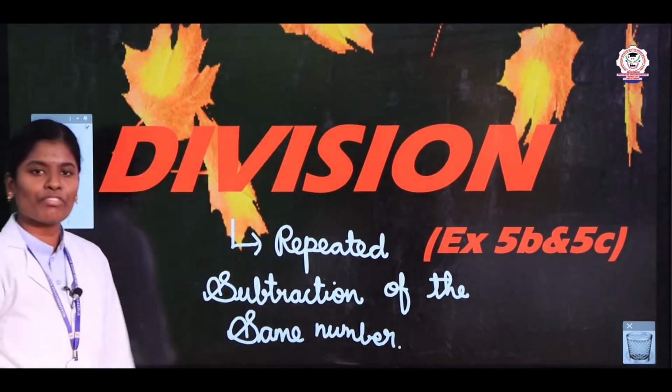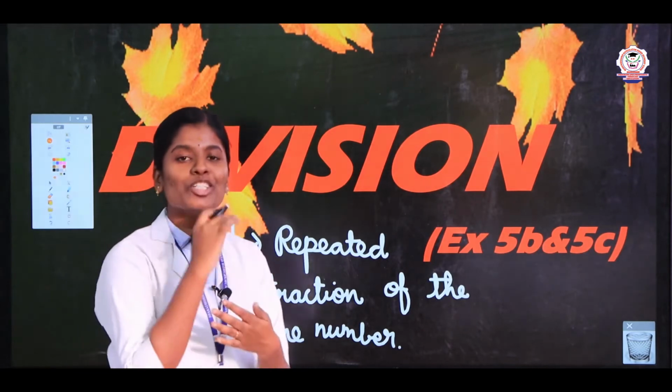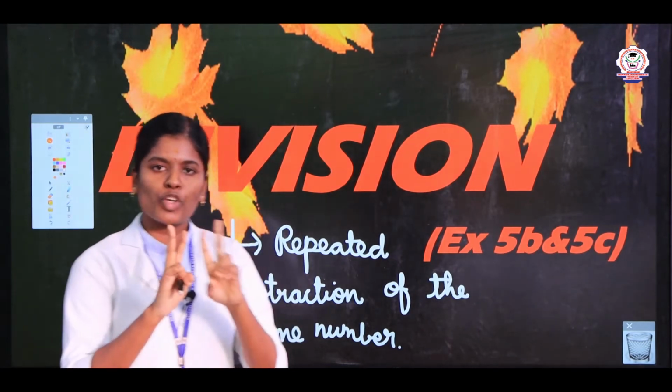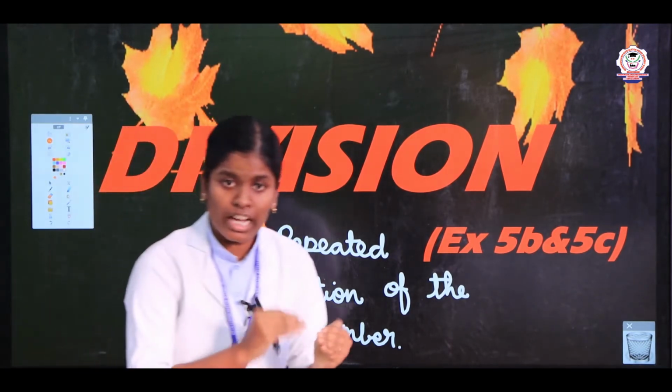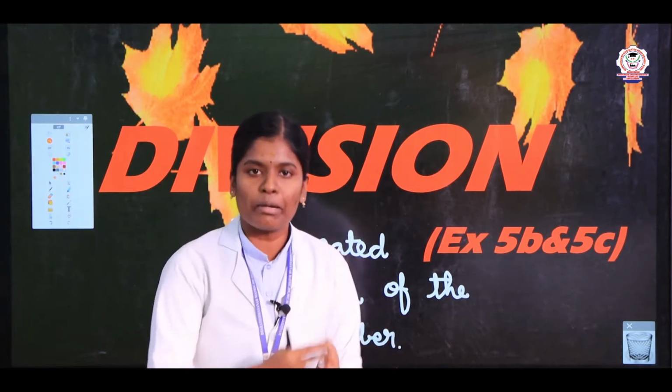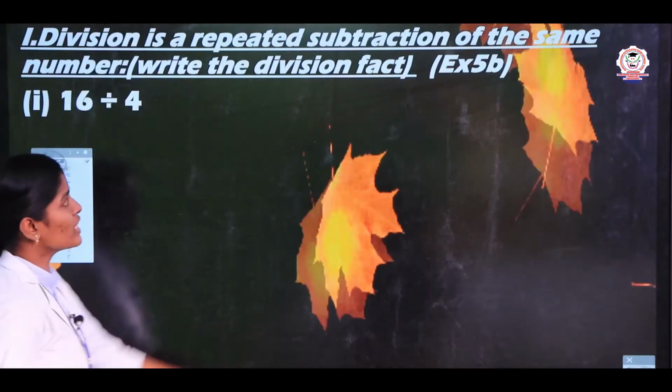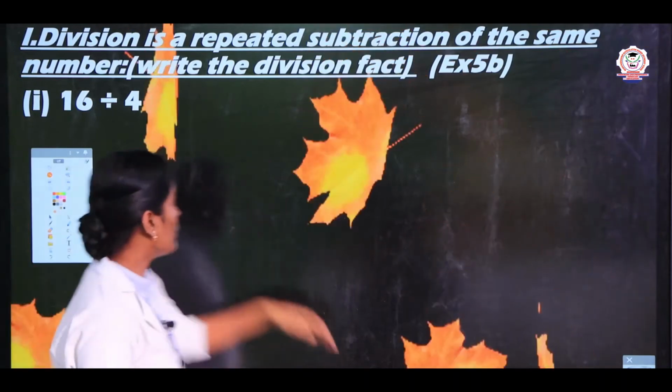Repeated subtraction of the same number. And today we are going to see only two topics, that is repeated subtraction and then using the number line. Listen here. Division is a repeated subtraction of the same number.